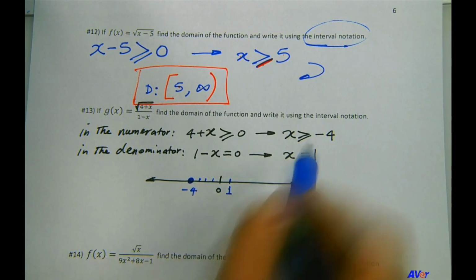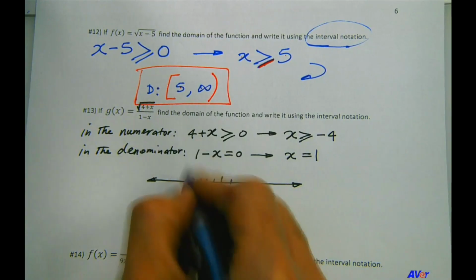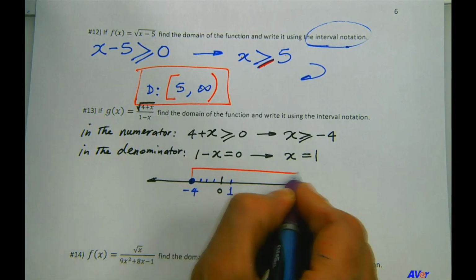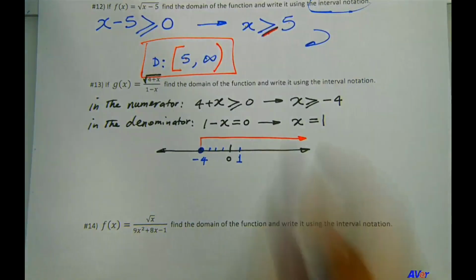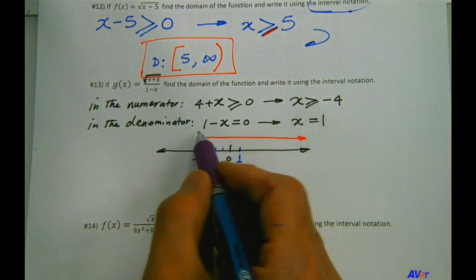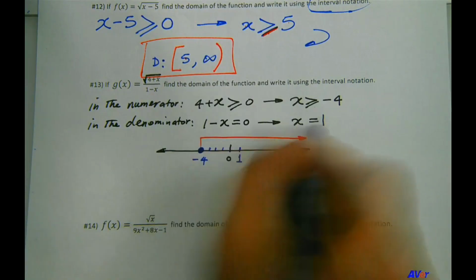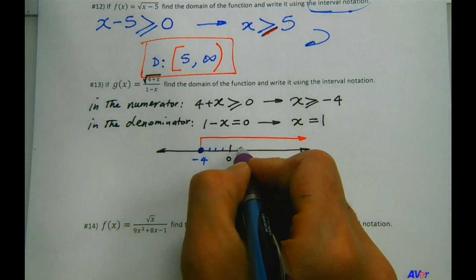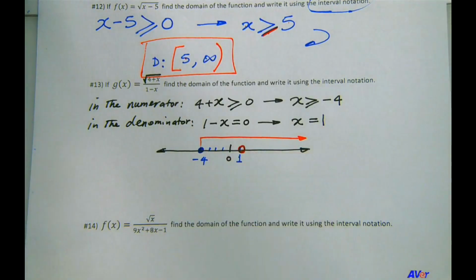So this result from the numerator says that all of these values are fair game, okay to include in the domain. Right? That's what that is saying. The denominator says no. All values are okay except 1. So we cannot have that 1.